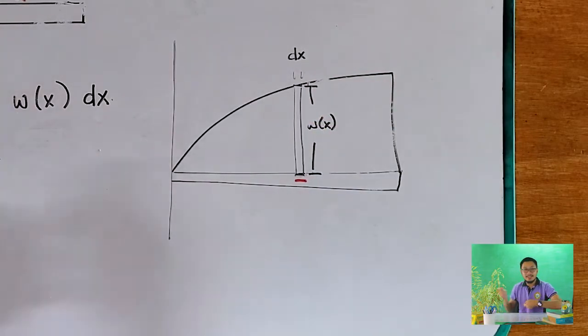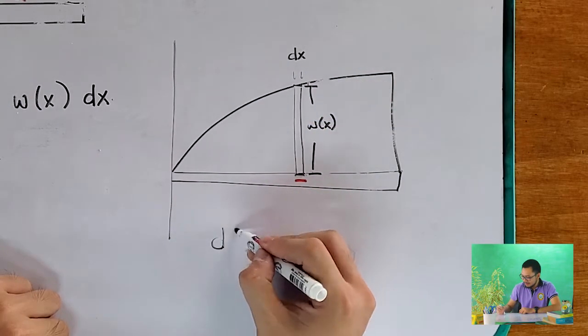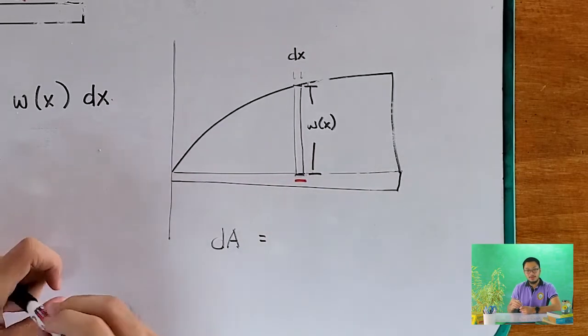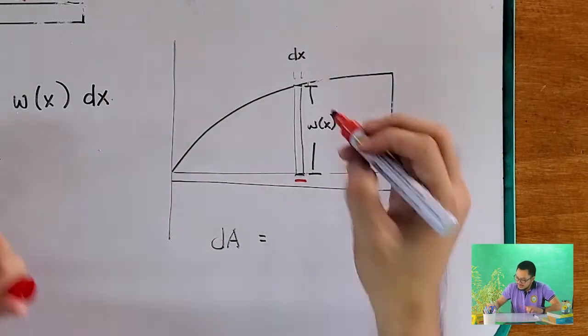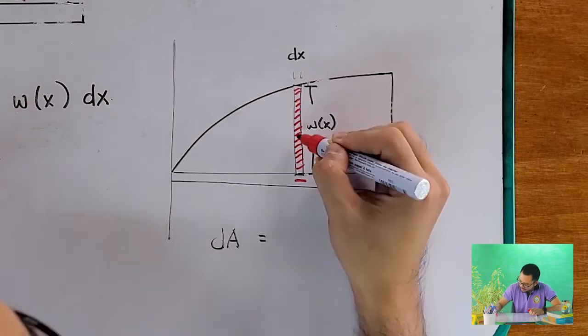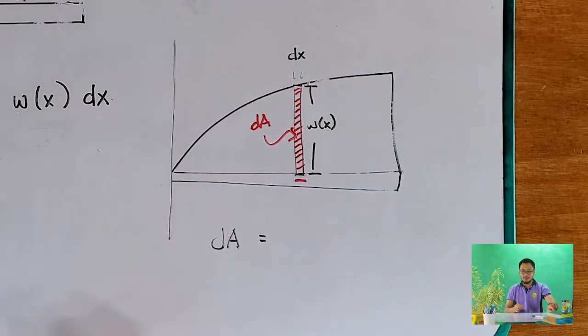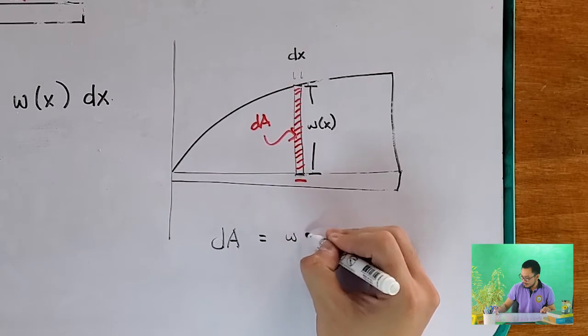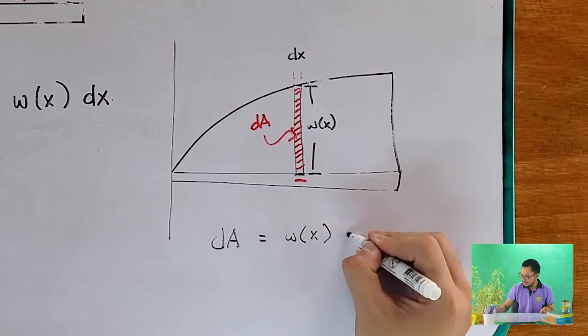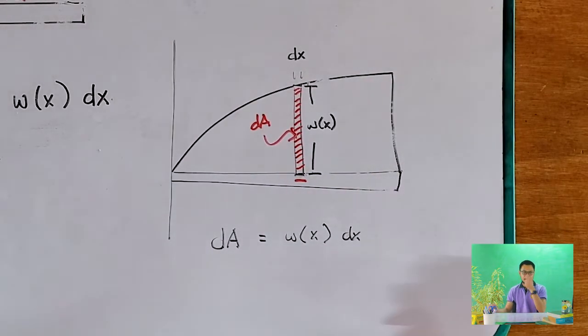So, to get the area of that rectangle, or this is your dA, okay, that is your dA. Muna differential area nimo, saan nga differential. So, to get your dA, length times width, that is w(x) times dx.